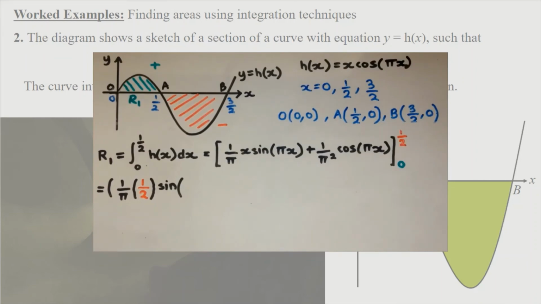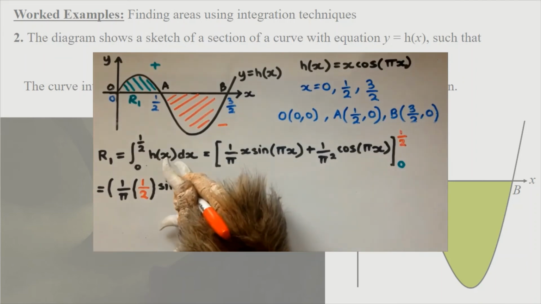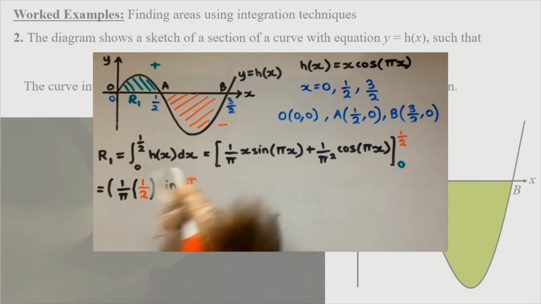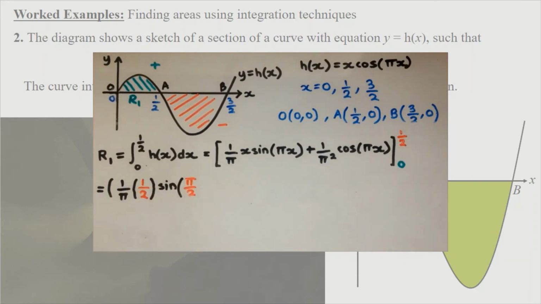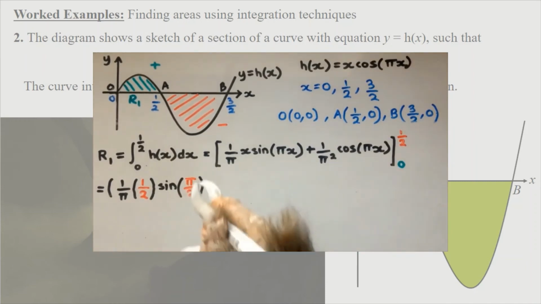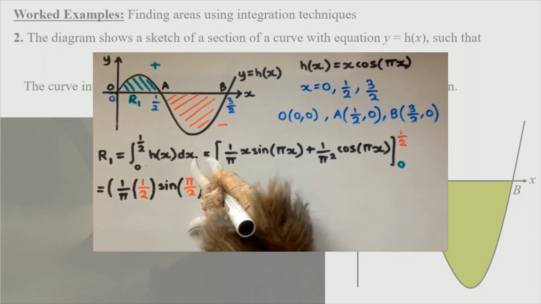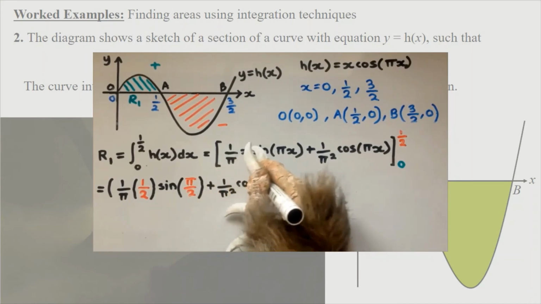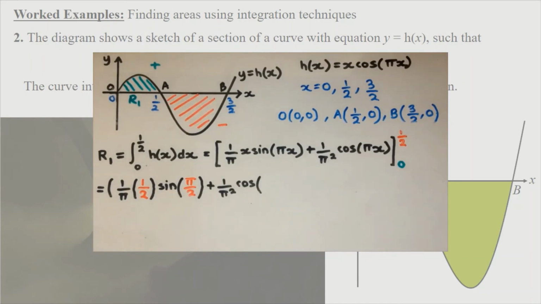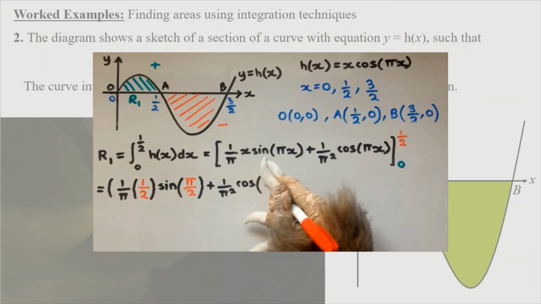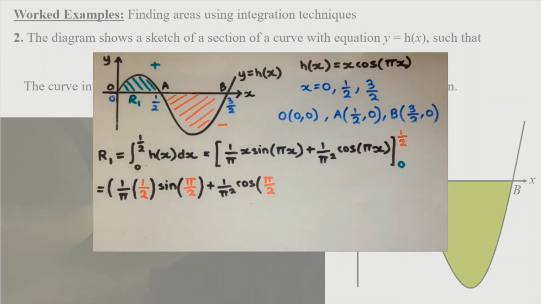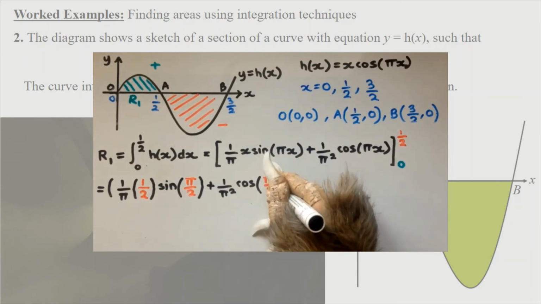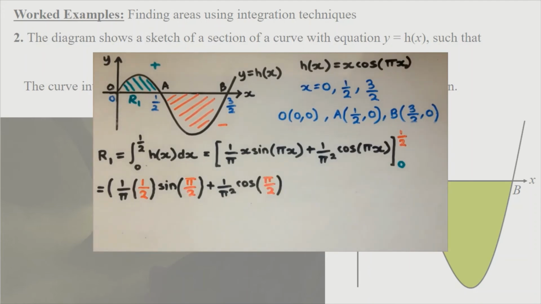So you see how the pi is going to come to our rescue. It's going to simplify our answer quite a bit. That's pi over 2. And we're going to add the cosine part, so plus 1 over pi squared cosine, and again pi times 1/2, so that's pi over 2. Close the bracket. That's the upper limit done.